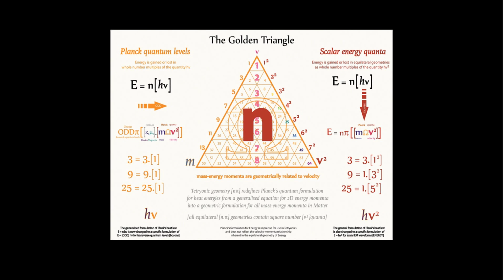That is to say, while it's generally correct to say that there's n h nu quanta in any scalar field, it is probably more correct to say that there's n h nu squared quanta within any energy field, because every energy field must contain nu quanta.